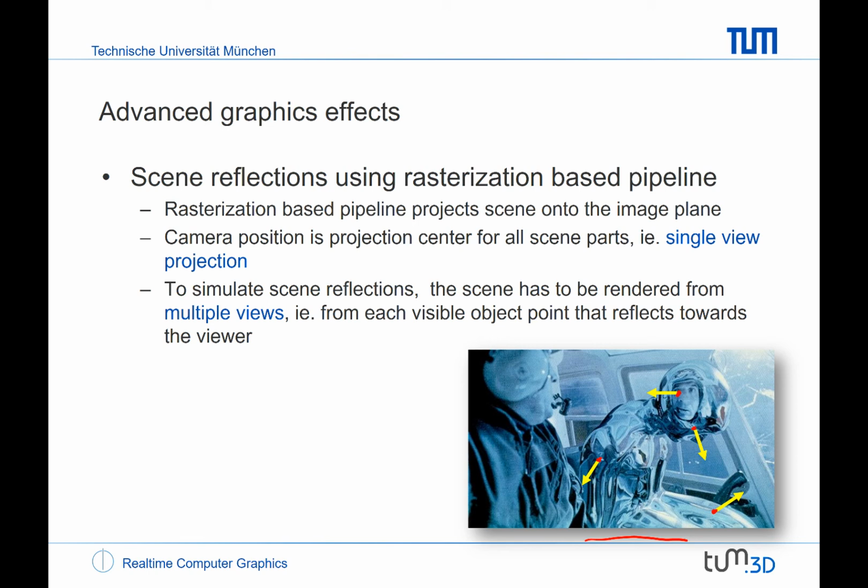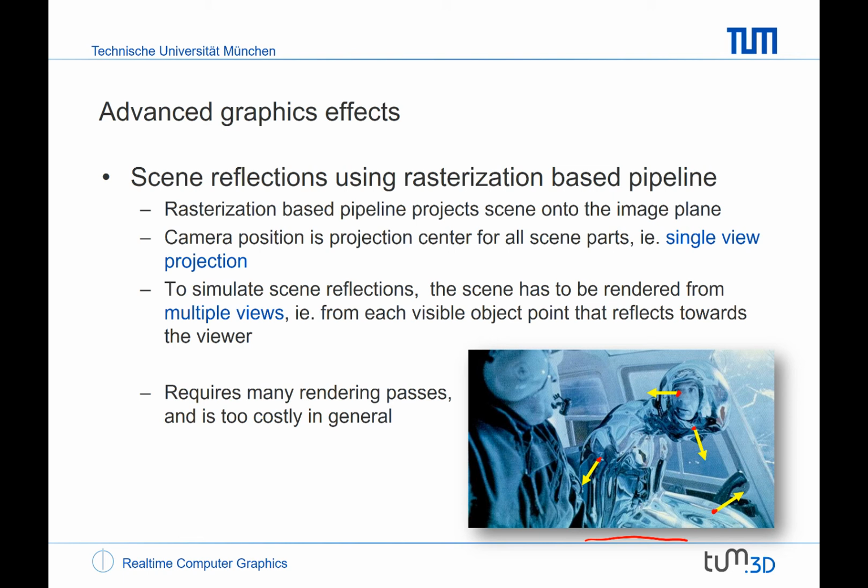And then we would have to determine the point that is seen exactly along that direction. And this would then be the point that is reflected towards the viewer. And that would mean that we have to perform multiple renderings along these directions indicated by the yellow vectors. And this would essentially require many rendering passes.